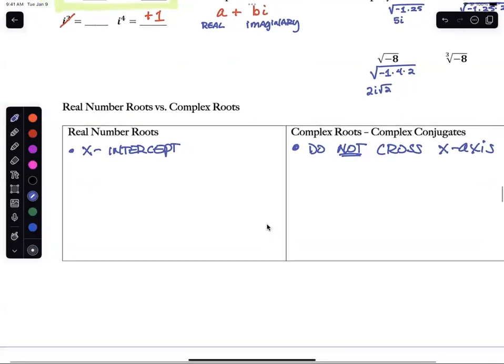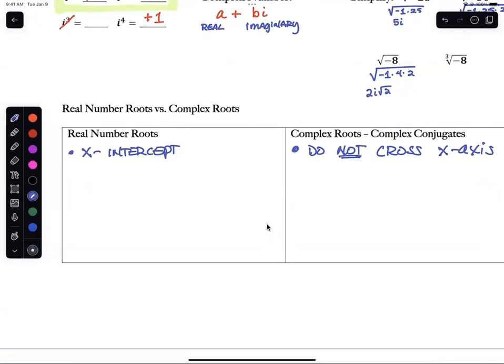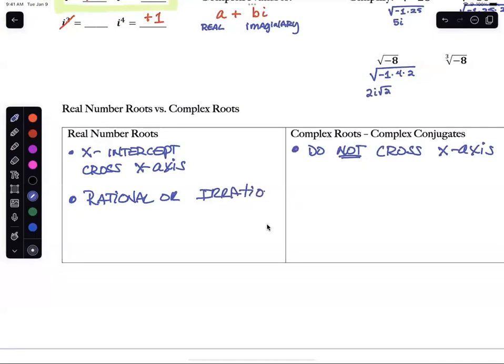Real number roots can be rational or irrational. And remember, the irrational roots occur in pairs. These occur in positive-negative pairs.